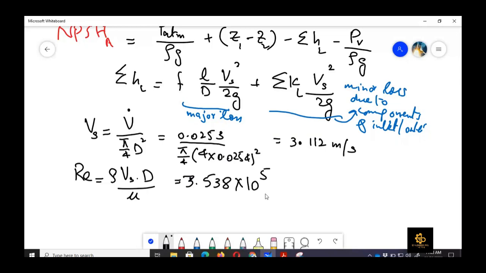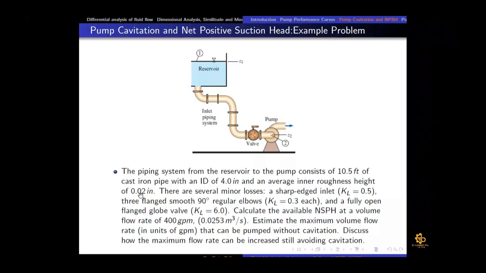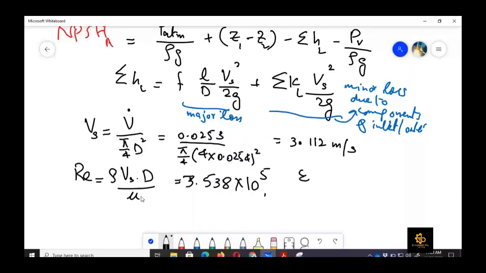We also know the epsilon value, which was given in the data, equal to 0.02 inch. So epsilon upon D would be equal to 0.02 divided by 4, which is 0.005. Then, by using Reynolds number and epsilon upon D, if we go to the Moody chart or use the Colebrook relation, we can find the value of f, as we learned in chapter number 8 as well.